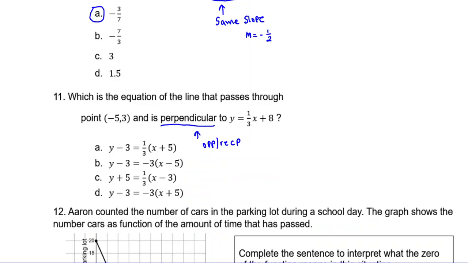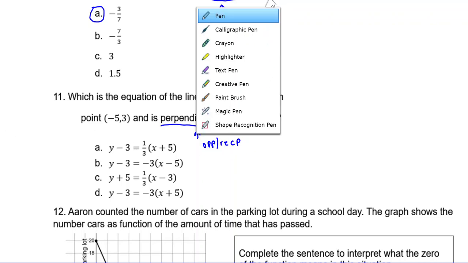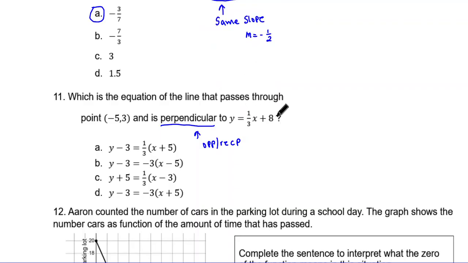All right, write an equation of a line that passes through the point and is perpendicular to this. So if it's perpendicular, it's going to have the opposite and reciprocal slope. Since it's written in y equals mx plus b, I can see that the slope here is 1 over 3. I can graph it in decimals, but it's easier to pick it out right here. So that's 1 over 3.